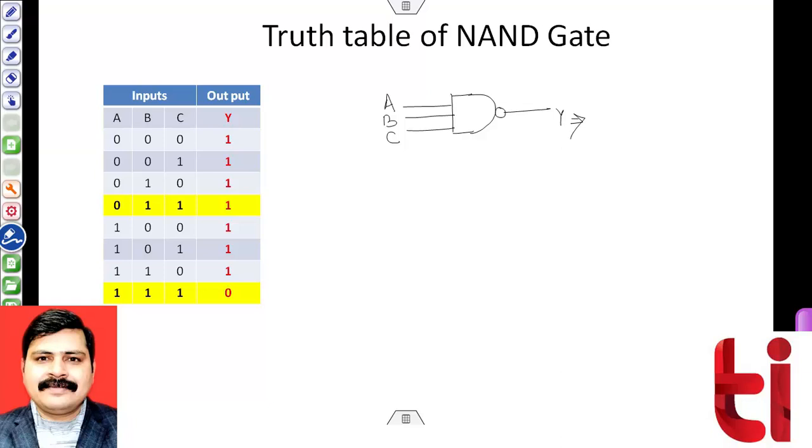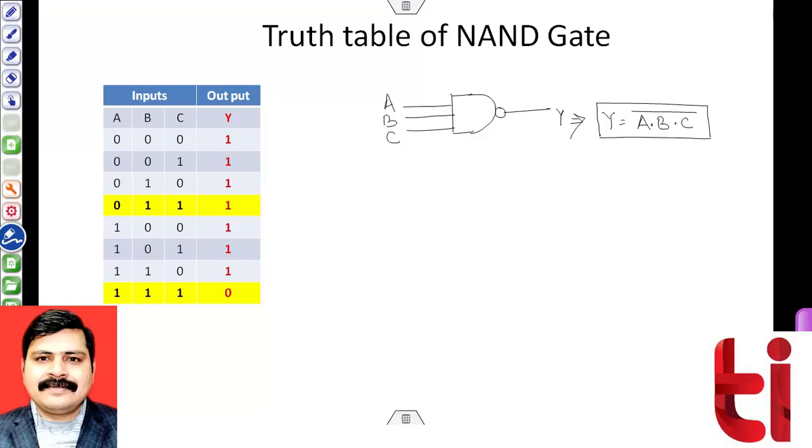So mathematically it is represented as Y equals A and B and C whole complement. So this is the mathematical representation of a NAND relation. Output Y equals A, B, C whole complement.